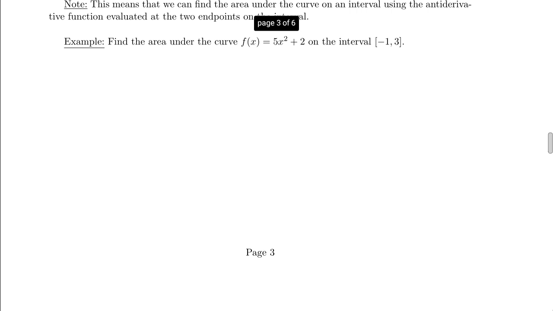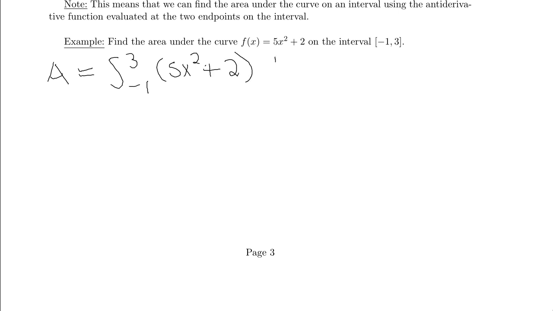So we want to find the area under this curve, 5x squared plus 2, on the interval -1 to 3. So my area I know is equal to the integral from -1 to 3 of 5x squared plus 2 dx.